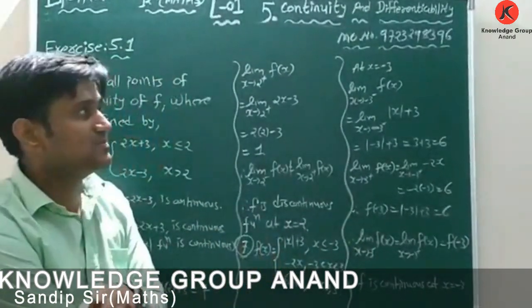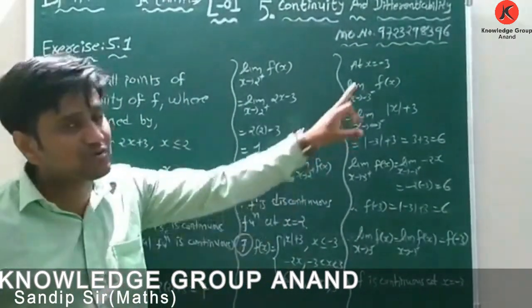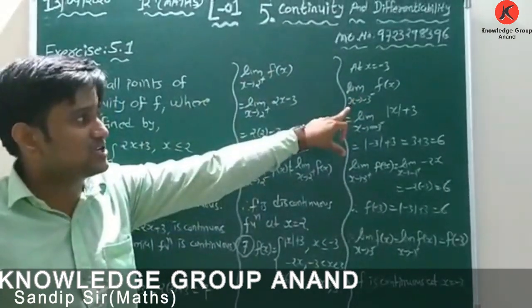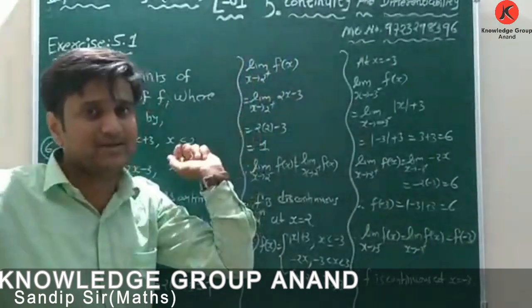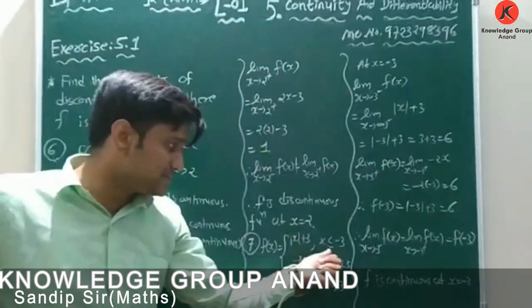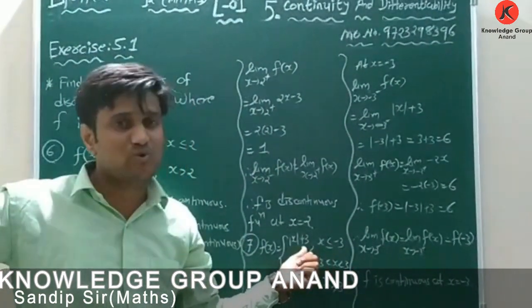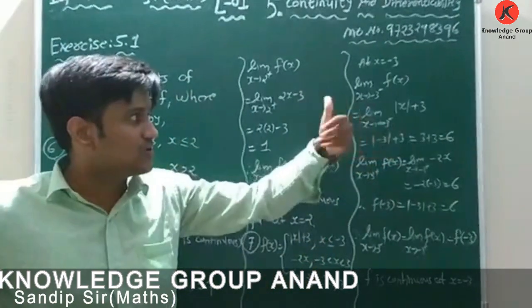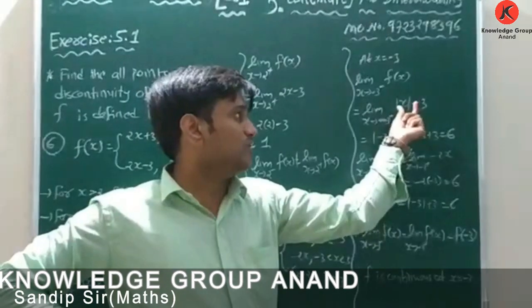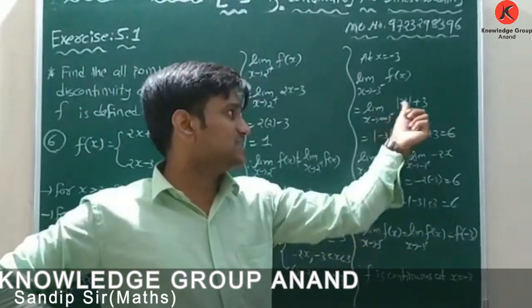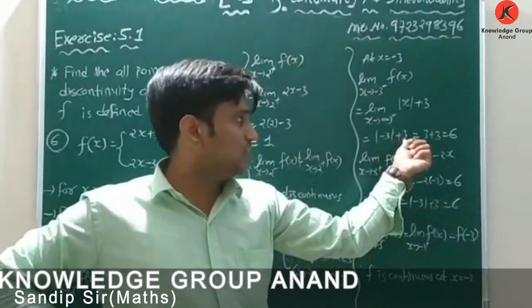ઓકે, તો -3 માટે check કરીએ આપણે. At x is equal to -3, limit x tends to -3 minus, that means slightly less than -3, given function is modulus of x plus 3. ઓકે, આ modulus નું function negative value ને positive કરવાનો. And x ની જગ્યાએ -3 plus 3.